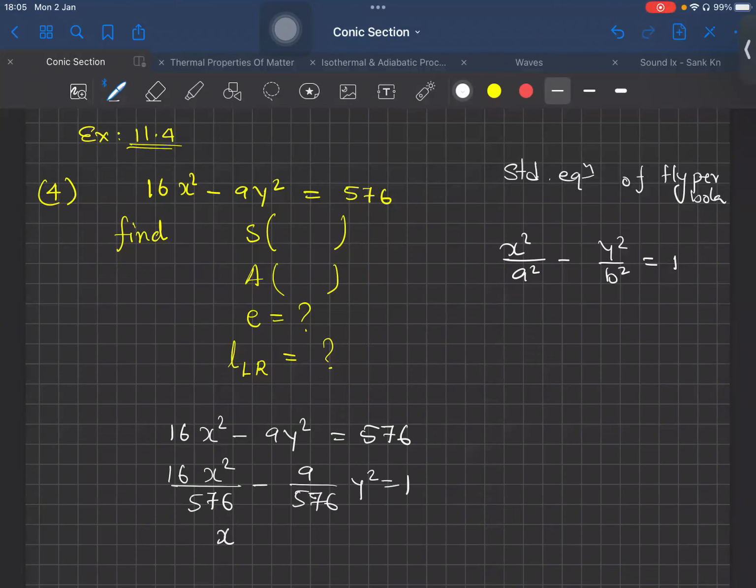Now find out x square upon how much? Is it 9? No, not 9 square.